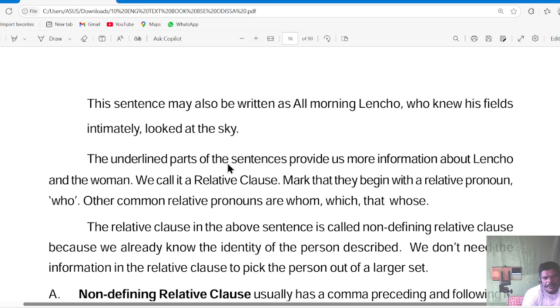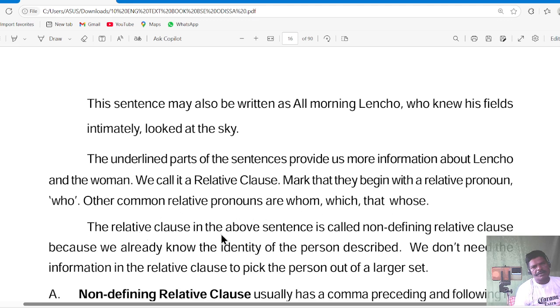The underlined part provides more information about Lico. We call it a relative clause. Mark that it begins with the relative pronoun who. Common relative pronouns are whom, which, that, whose.